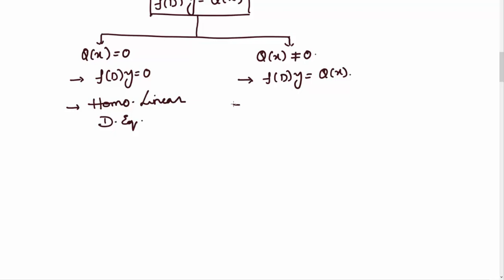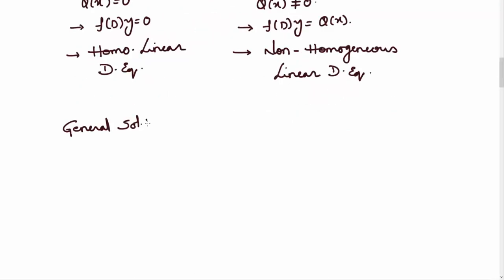And when q of x is not equal to 0, that is f of D into y equals q of x, we call this equation a non-homogeneous linear differential equation. Okay, now let's discuss the general solution for a non-homogeneous equation, that is f of D into y is equal to q of x.